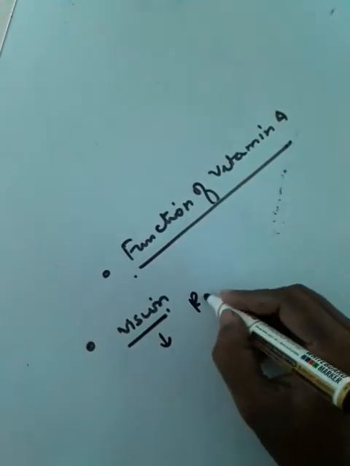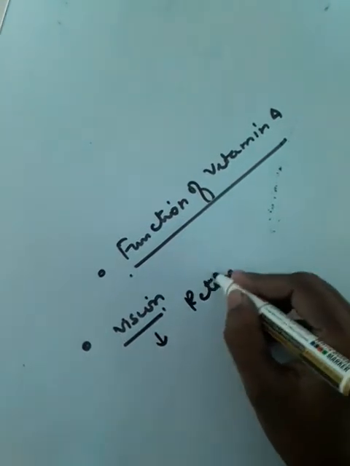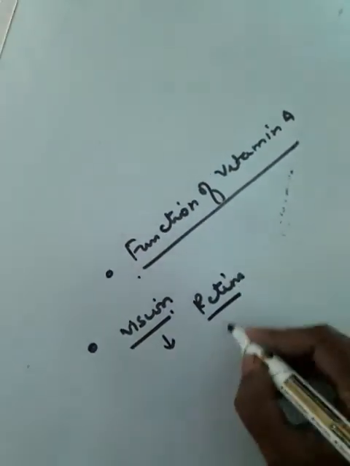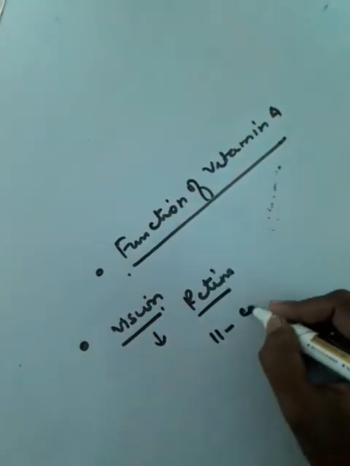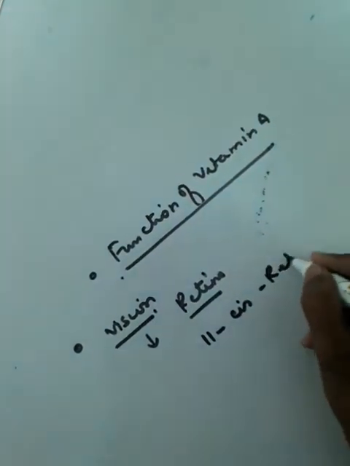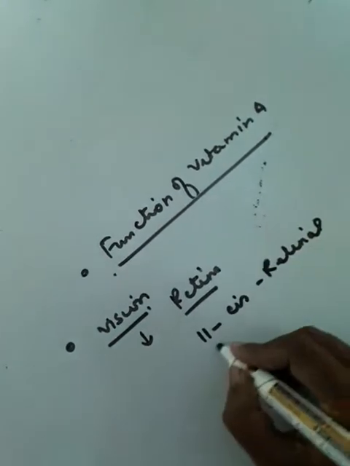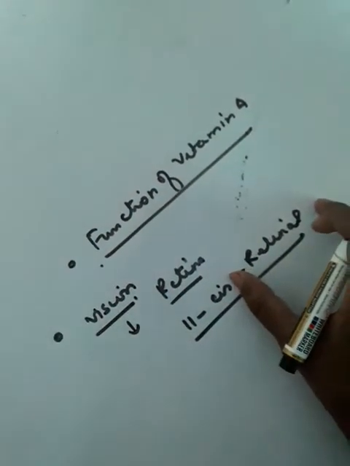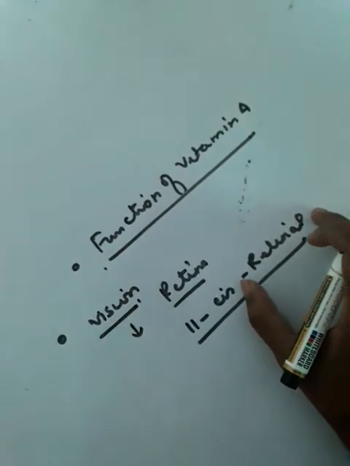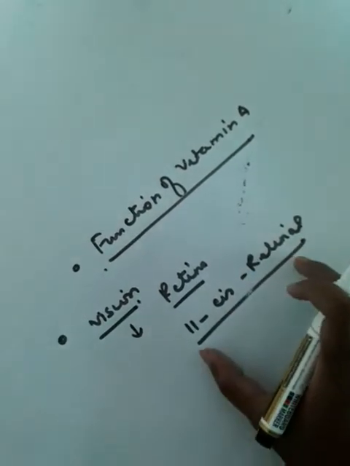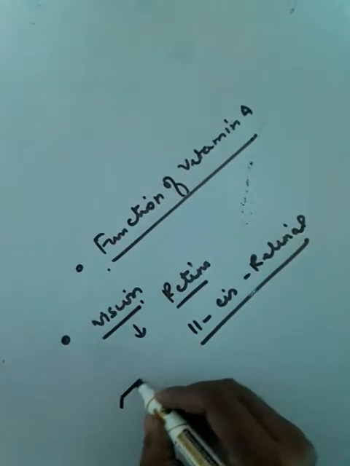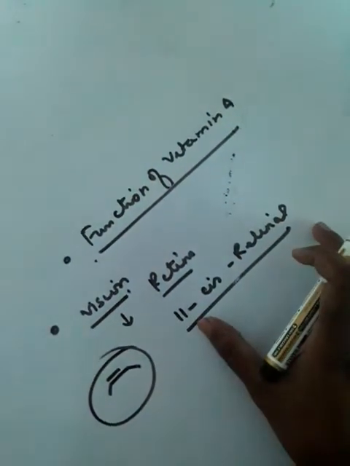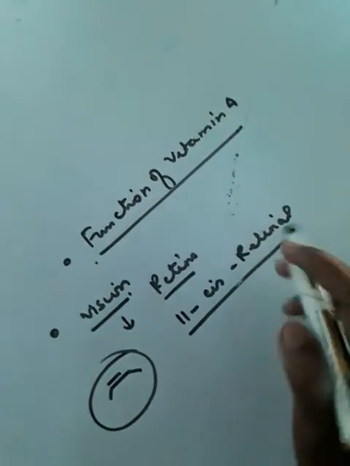In the retina, 11-cis retinal is present. This is the chemical. Retinal here indicates that it is the inactive vitamin A, and the form is 11-cis, means this type of geometry will be present in that retinal.